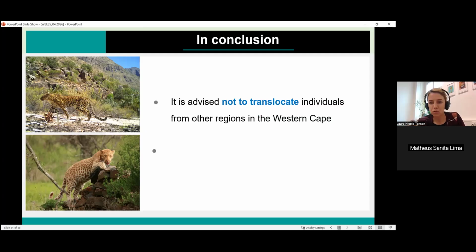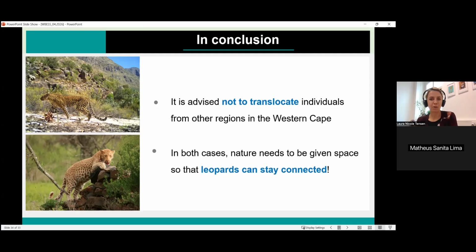So conservationists always try to avoid leopards being killed when they get caught or they end up in the wrong place. So then local governmental agencies try to catch these leopards and release them in a safe place. But at least with this practice, we advise to at least keep this biome, the Western and Eastern Cape, to treat it as a separate and unique population.